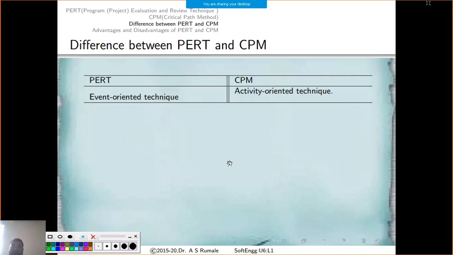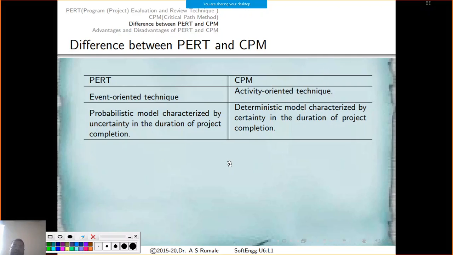CPM is more minute, and it won't consider the three dimensions of time: optimal, average, and worst. It has only a start time and a finish time. So there is no optimal time, no average time, no worst time in CPM. PERT, on the other hand, uses the four or five dimensions of time.